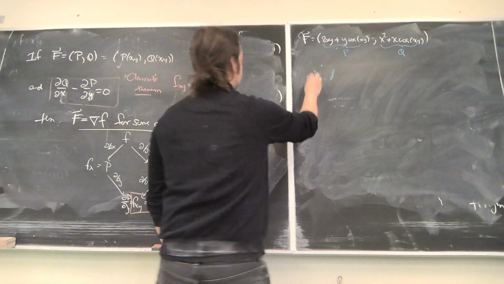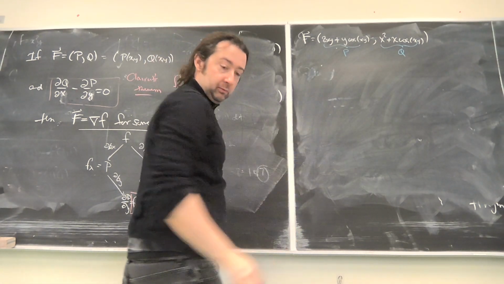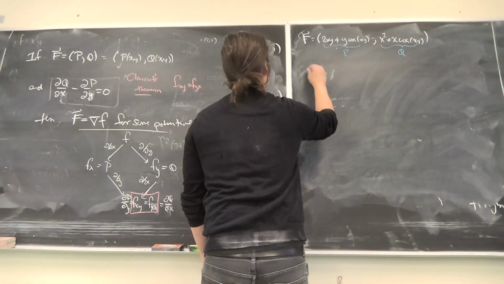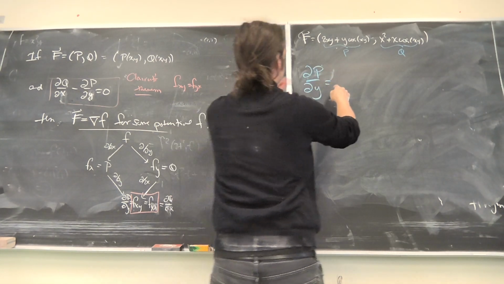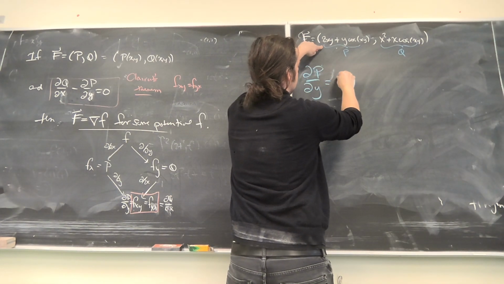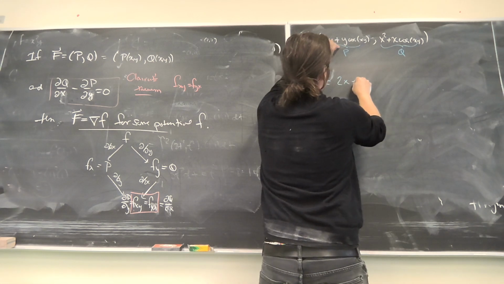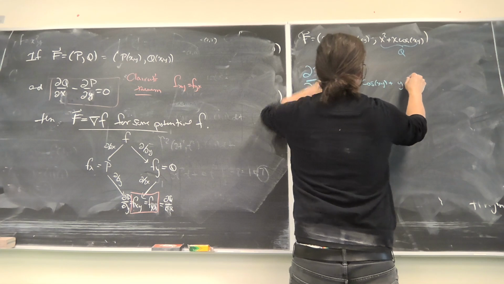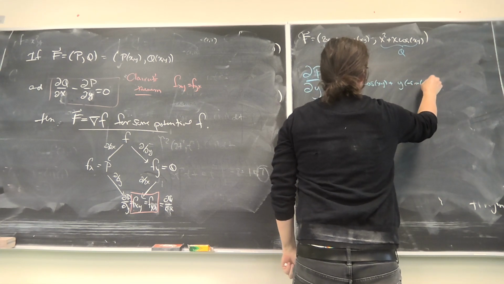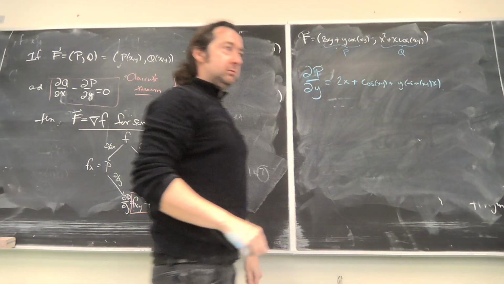If I calculate dp dy, the derivative of this with respect to y is going to be 2x plus cosine of xy plus y times minus the sine of xy times x, by the chain rule or product rule.